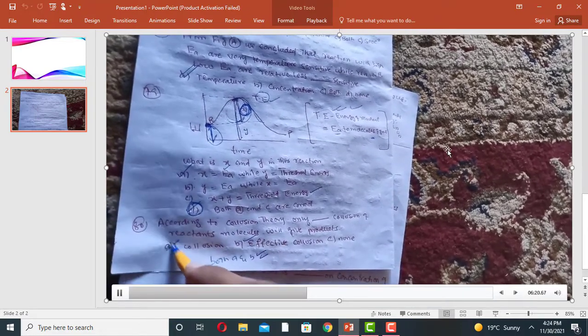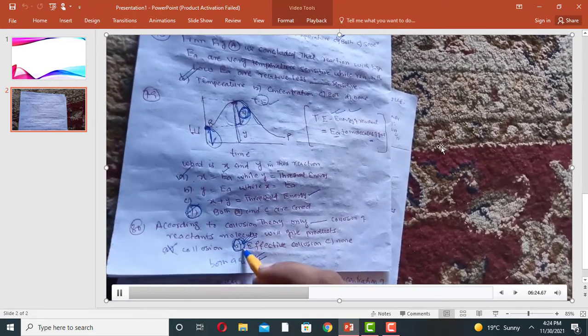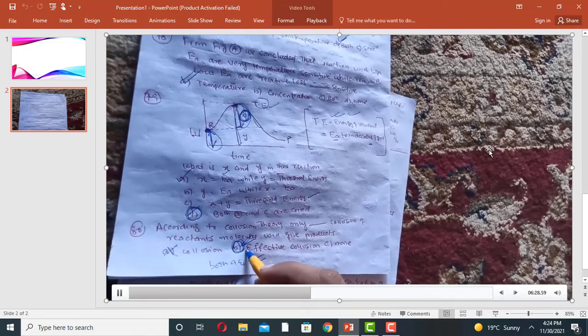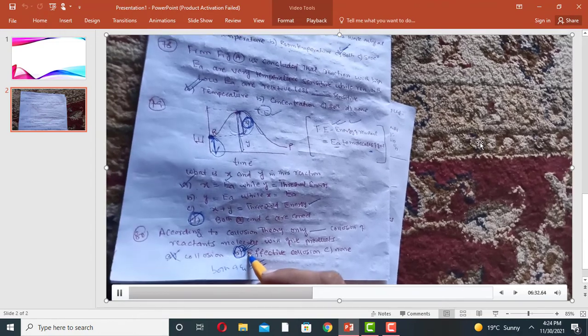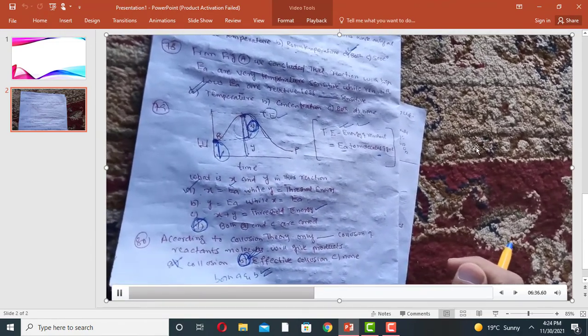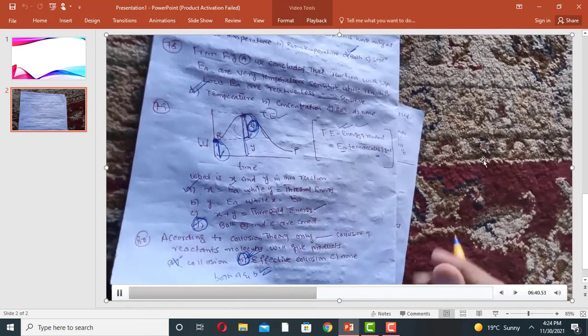Not only collision, but effective collision will give us the product, and not only effective, but when molecules are in the correct orientation will they give us the product. Molecules with effective collision combined with correct orientation give us the product. Otherwise they will not.